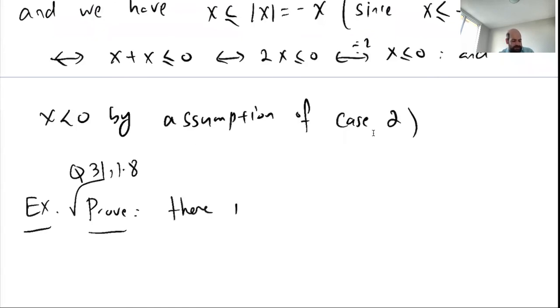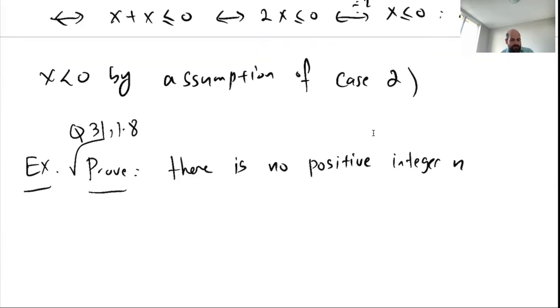Prove that there is no positive integer n such that n squared plus n cubed is equal to 100. This is question 31, section 1.8. So why do you think there is no positive integer n such that n squared plus n cubed is equal to 100?